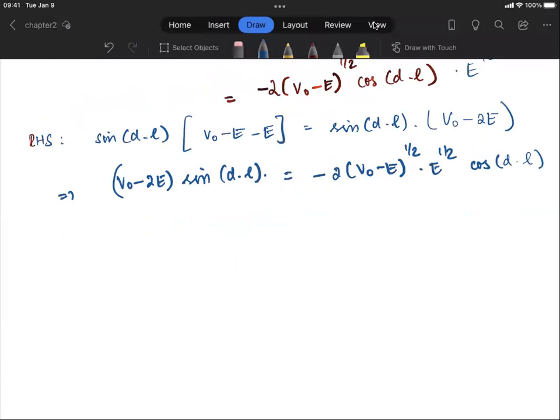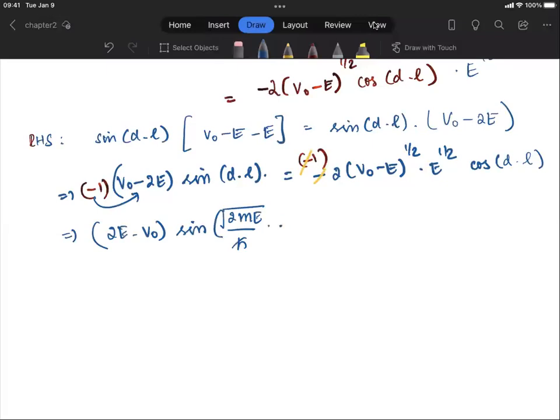Now I can multiply both the sides of the equation with a -1. A negative and a negative give you a positive, and I can multiply the -1 with this term to give us 2E minus V0 times sine of, the value of D is root 2mE over h bar, times L, is equal to 2 times, because these two are both raised to the power half, I can multiply them together, right?